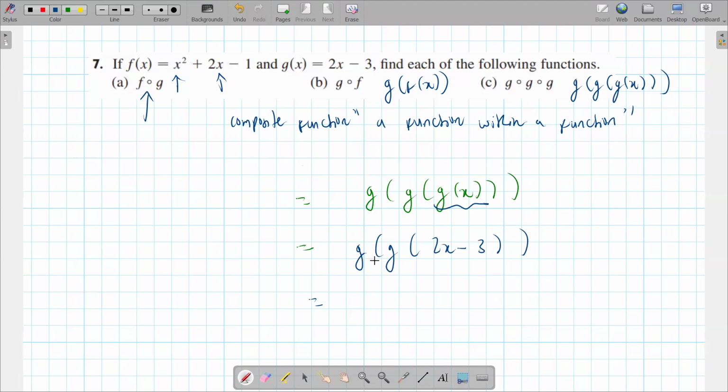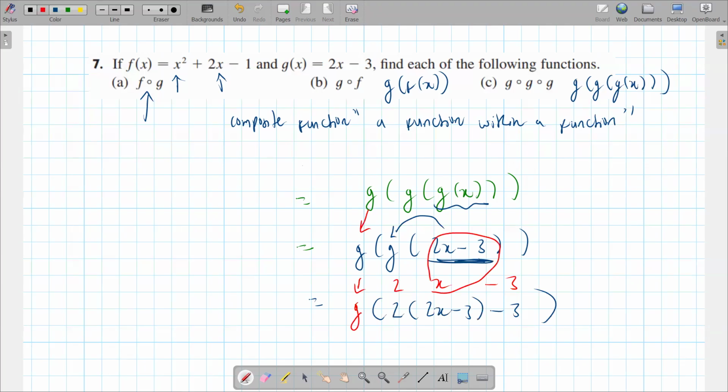Yes. So this outside g stays on the outside. In this next step, we're going to plug 2x minus 3 into the g function. So it'll become 2 times (2x minus 3) minus 3, right? You have 2x minus 3, but now your x is this. That's why it looks like this.